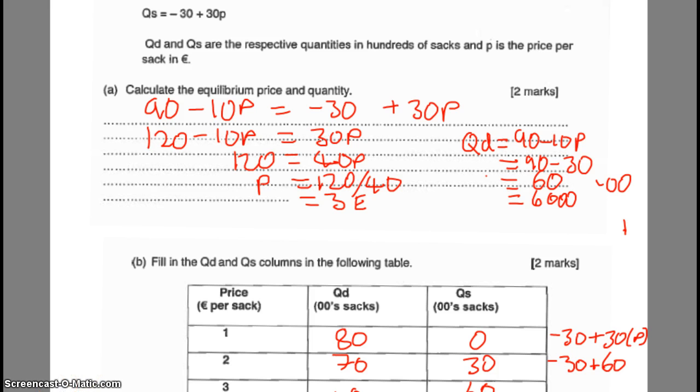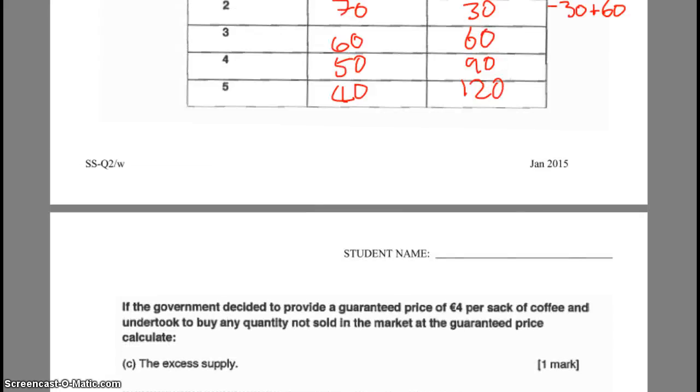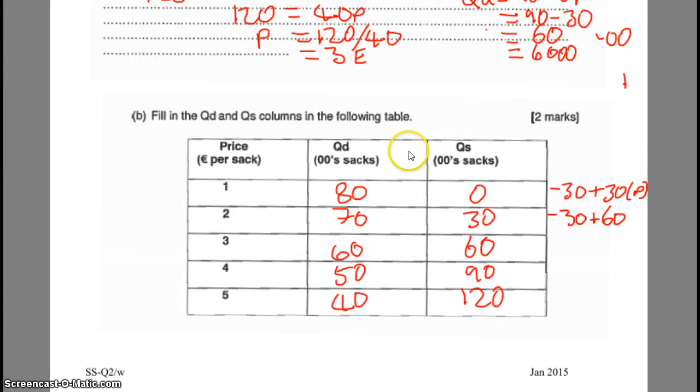So moving on again. C was pretty simple. I think some of you overcomplicated it. We've got the information in the table above, so €4, the price has gone up. All we had to do was see how much is demanded and how much is supplied at €4. So 50 is demanded and 90 supplied.